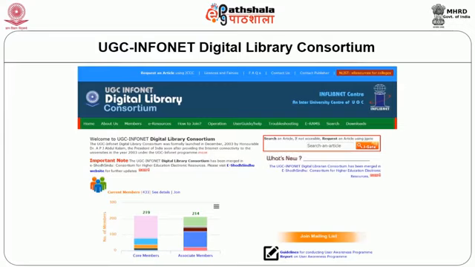The consortium provides differential access to e-resources to more than 200 universities and to more than 200 institutions covered under the associate membership program. These resources cover almost all subject disciplines including arts, humanities, social sciences, physical sciences, chemical sciences, life sciences, computer sciences, mathematics, statistics, etc.